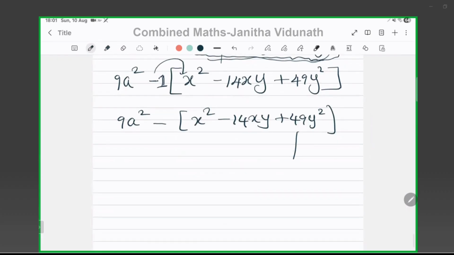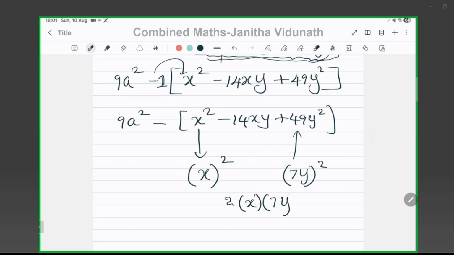Here we get whole square of 7y. Here we get whole square of x. And we check whether the middle term consists of 2 times the first term times the second term. Here we observe that it consists of that, but the sign is minus.